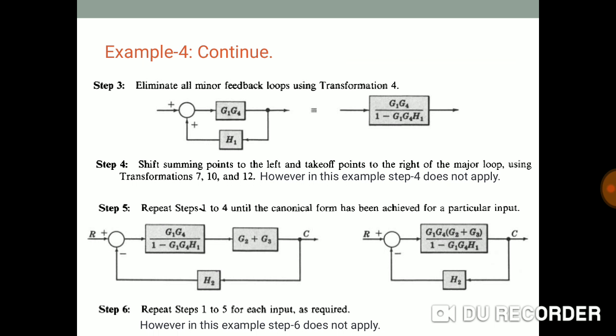Next, step number 3, eliminate all minor feedback loops using transformation rule number 4. Here we have considered G1 and G4 in series and taken their product.